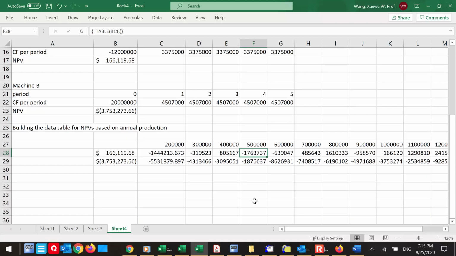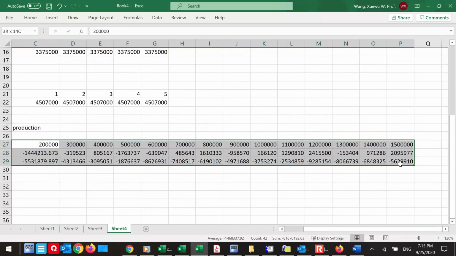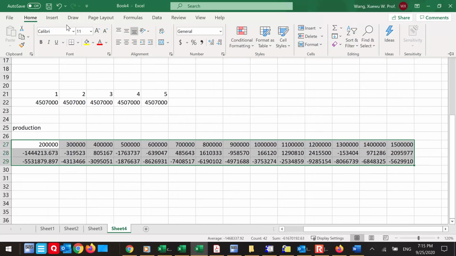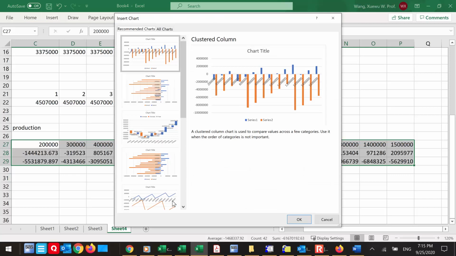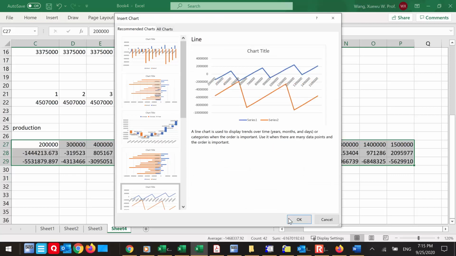So you see that it's actually fluctuating, right? And if you want to plot them, it's not a problem either. So let me just highlight all the data you want to use for your plot, and let's enter the chart, okay? And I'm going to do, how about a line chart?